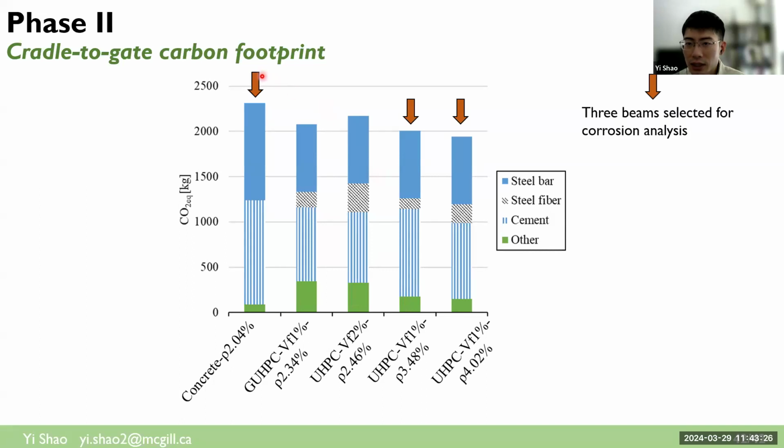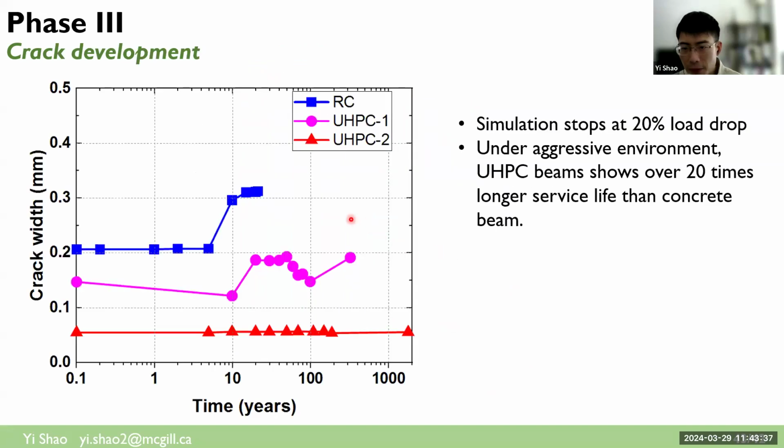So then we'll select these three beams for our corrosion analysis. So the concrete beam and two UHPC beams with two different fiber volumes. And then we see that under a very corrosive environment, so we select intentionally a very corrosive environment, the traditional reinforced concrete beams will crack and lose load capacity due to steel corrosion after about 20-30 years in a very corrosive environment.